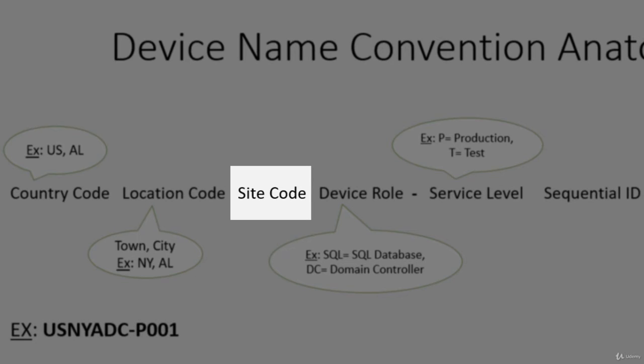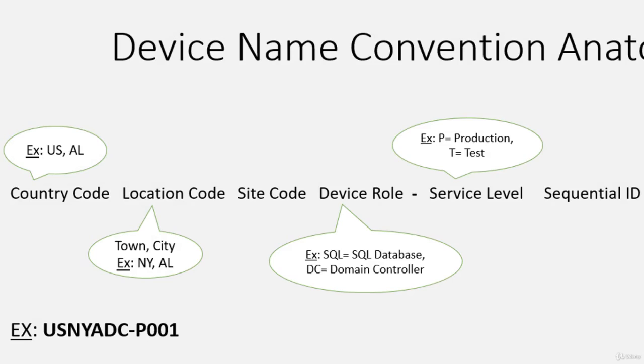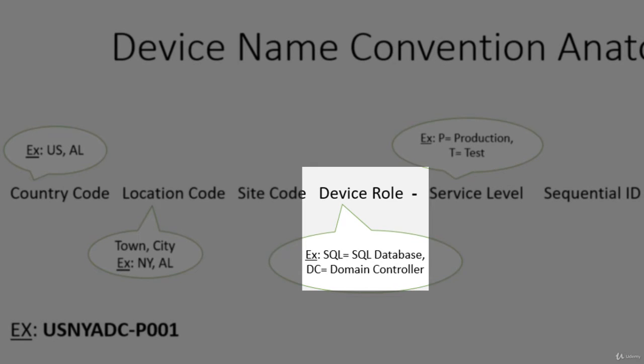Use one character to represent the site code. This is useful when your company has multiple sites throughout the city. You can use three characters to represent the device role. For example, DC for domain controller, SQL for SQL database server, web for web server, etc.